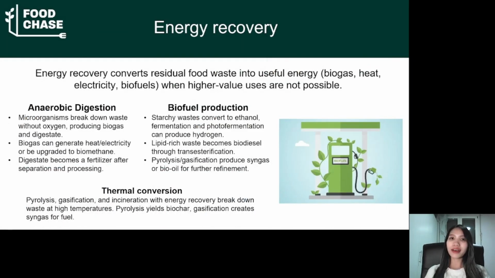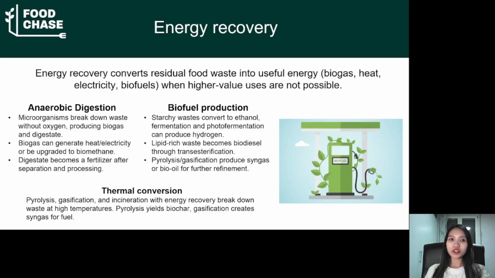A lower level of the hierarchy is energy recovery. This approach converts residual food waste into useful energy sources like biogas, heat, electricity, and biofuel when higher value use are not possible. An option is anaerobic digestion.